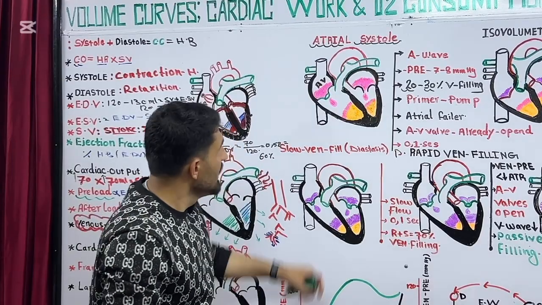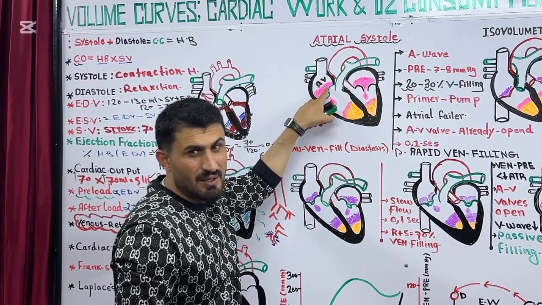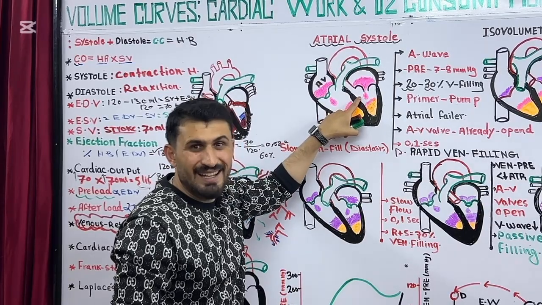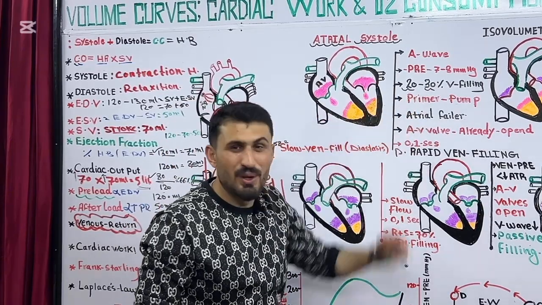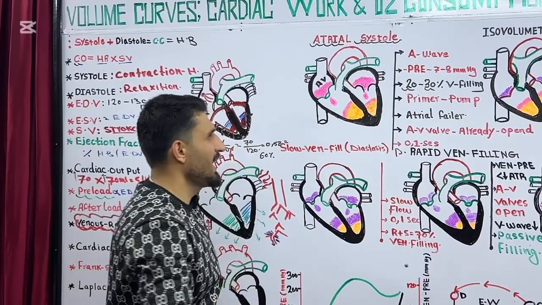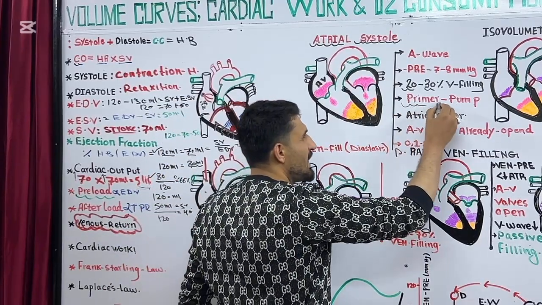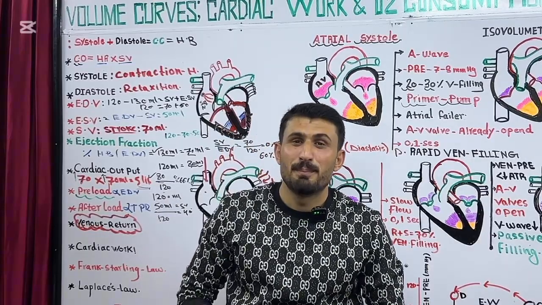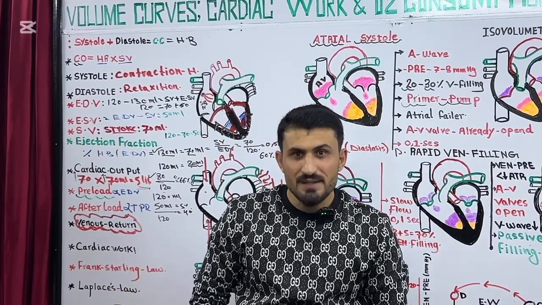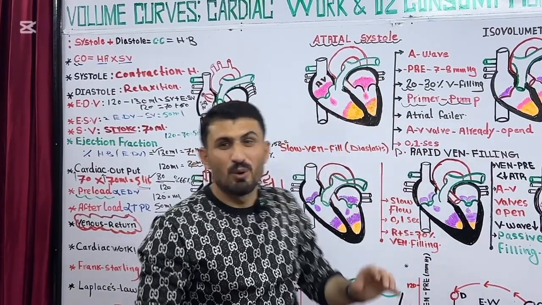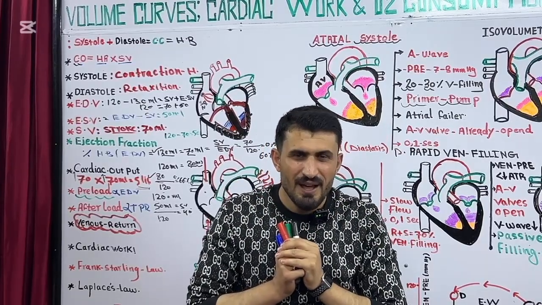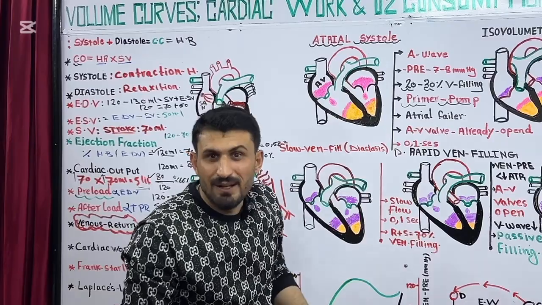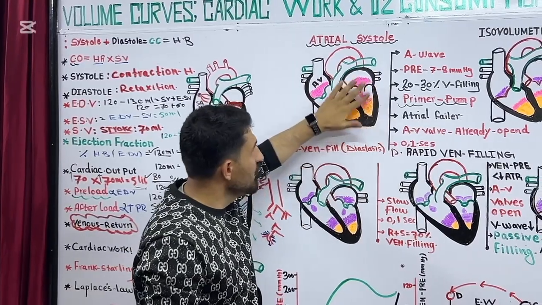It means these two atria help the ventricles to fill only 20 to 30%. That's why in books, atria are also called a primer pump. It means they're not so important. They only boost ventricular filling. They only help ventricular filling.